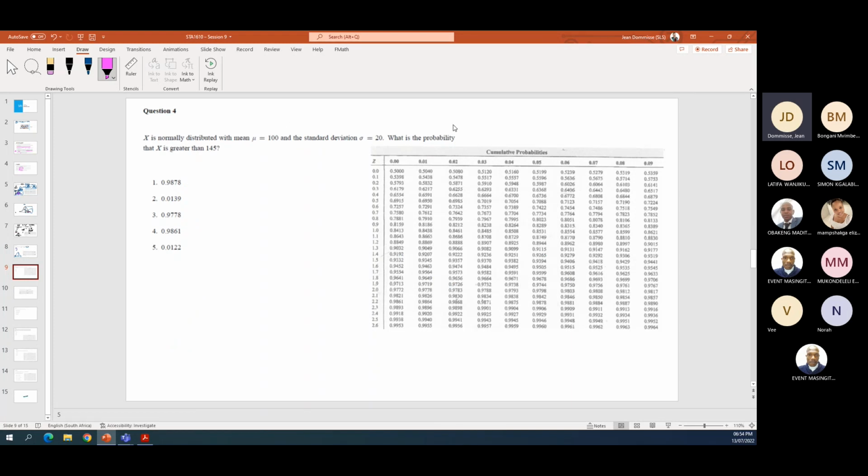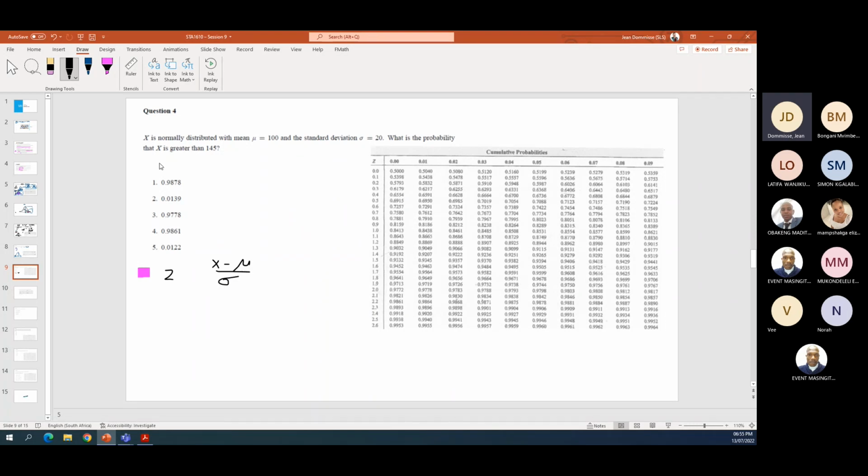So here we need to work out the Z. But let's just look at what they give us. X is normally distributed. We've got the mean. We'll fill that in now.